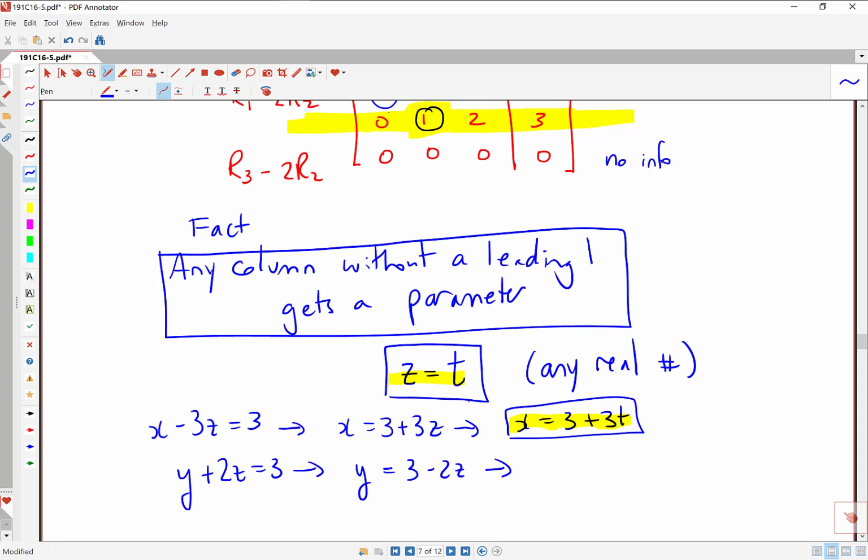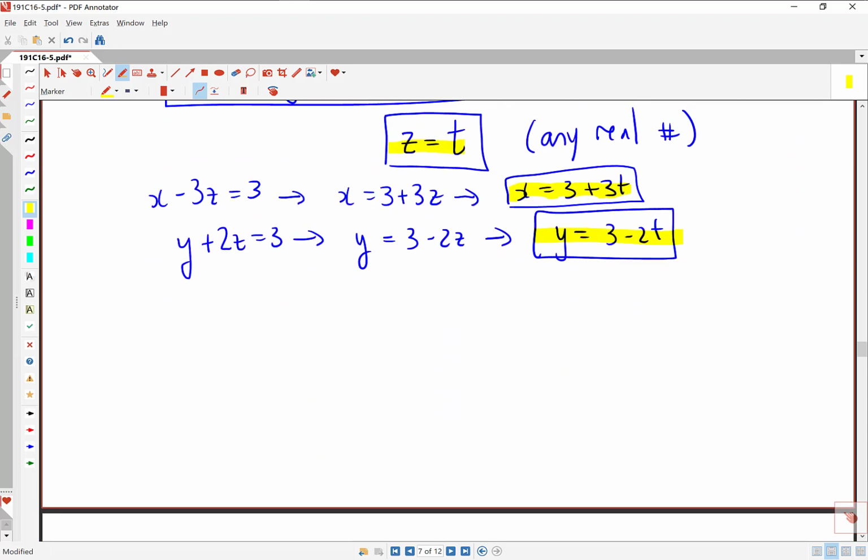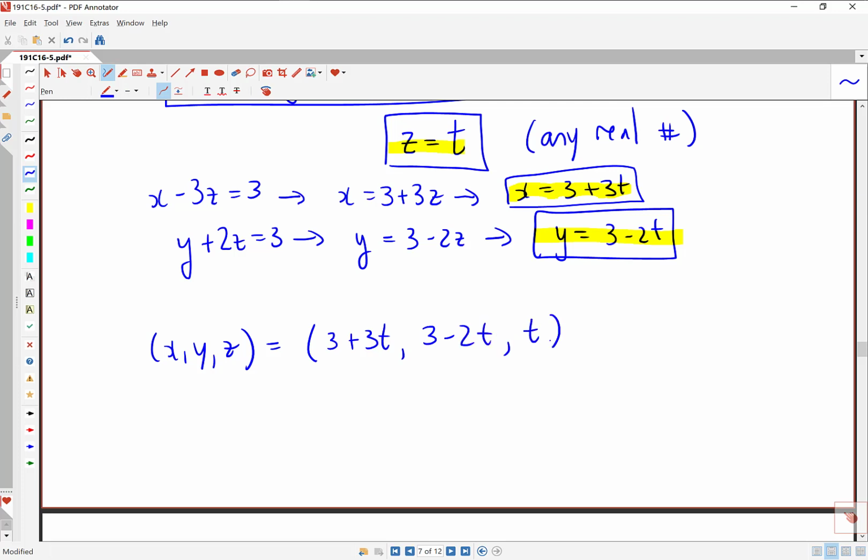Then use the fact that z is equal to t, so y equals 3 minus 2t would be our solution for y. Now what we've got are values for x, y, and z that involve this parameter t. The way we usually give our final answer is as an ordered triple, x, y, z. And we just say 3 plus 3t, 3 minus 2t, and t.